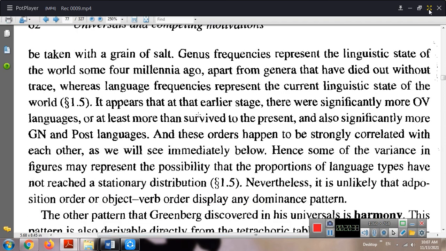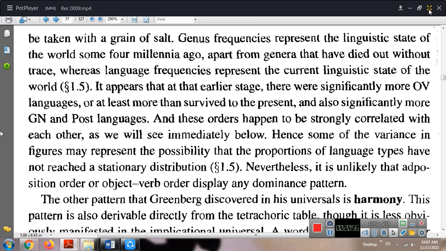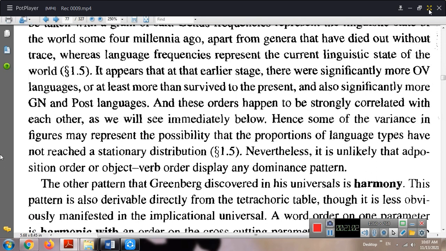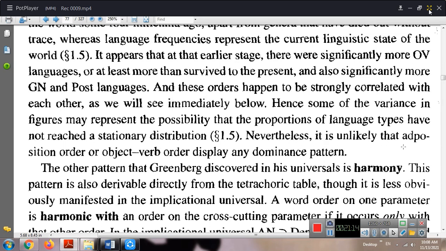It appears that at that earlier stage, there were significantly more object-verb languages, or at least more than survived to the present, and also significantly more genitive-noun and postposition languages. And these orders happen to be strongly correlated with each other, as we will see immediately below. Hence, some of the variation in figures may represent the possibility that the proportions of language types have not reached a stationary distribution. Nevertheless, it is unlikely that a postposition order or object-verb order displays a dominance pattern.